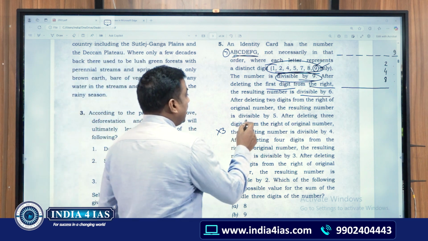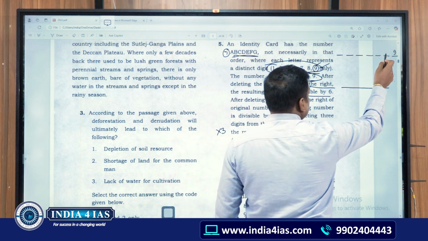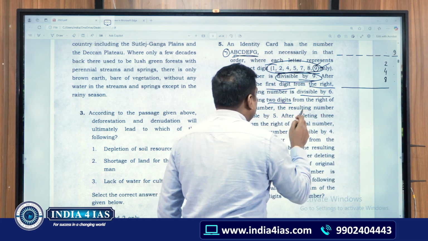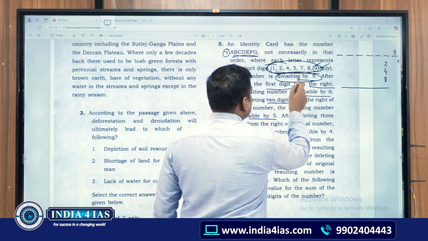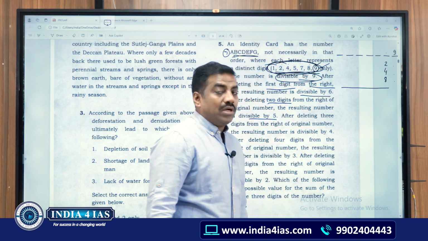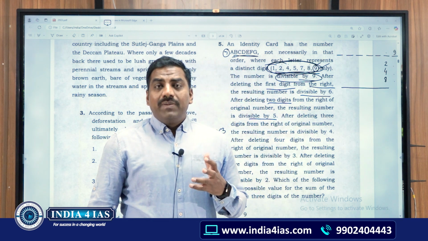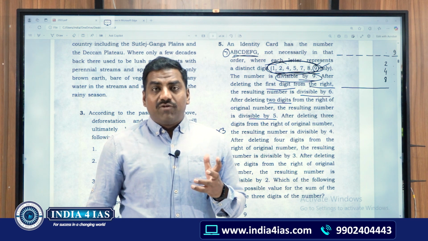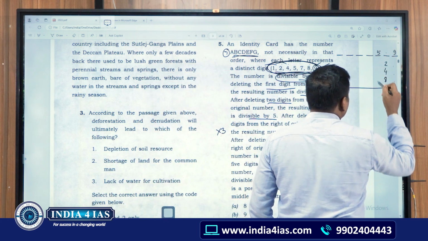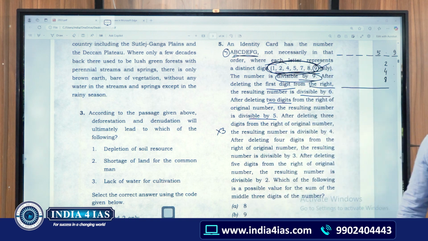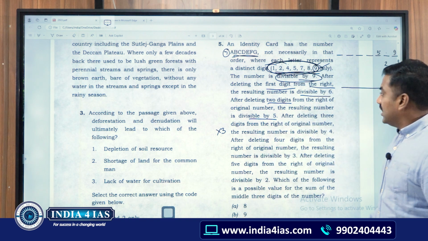Next, after deleting the last 2 digits, the resultant number is divisible by 5. So among these, which are divisible by 5? The number will be divisible by 5 when it ends with 5 or 0. Among these numbers, only 5 will give us a number divisible by 5 in this case.